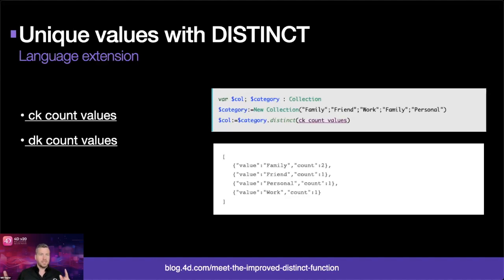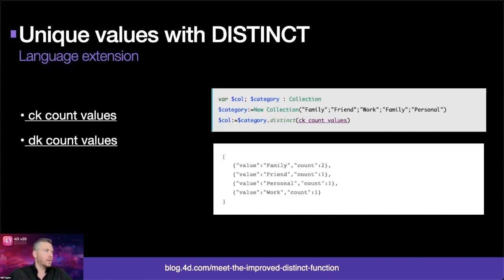Now, the function is identical for both classes, entity selections and collections. And always keeping in mind backwards compatibility, this is just an optional parameter. If you continue to use your distinct function, it still works as normal.